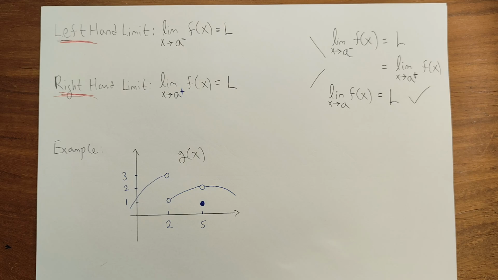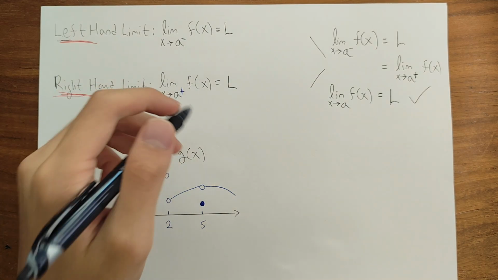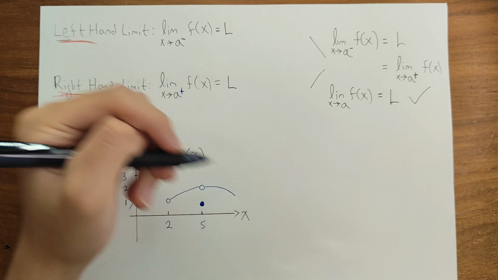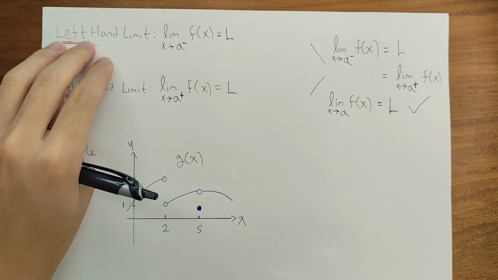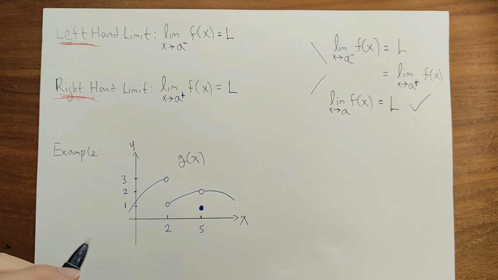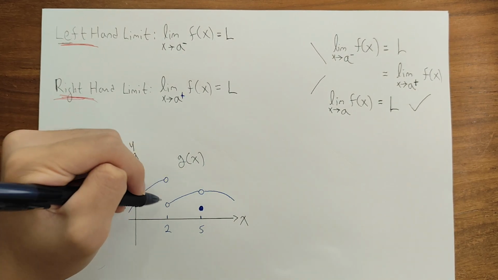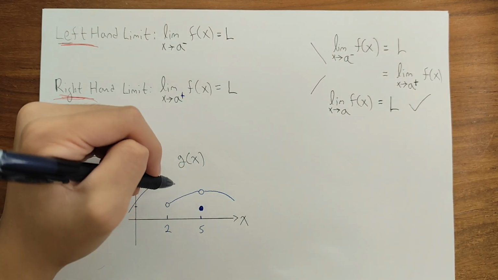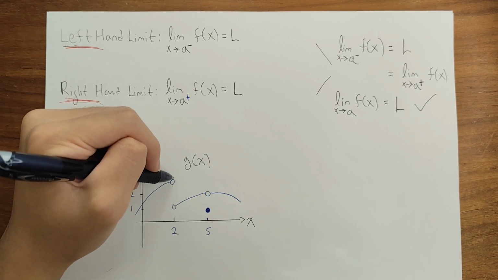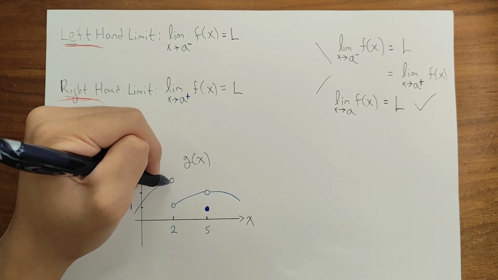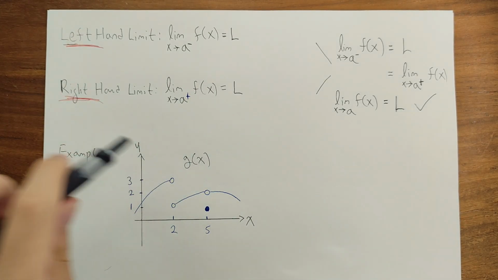Alright, here's an example. So we have a function g(x). It's the x-axis, the y-axis. Alright, and I have this very large circle, which the white circle, the not filled circle, represents that this point does not exist.